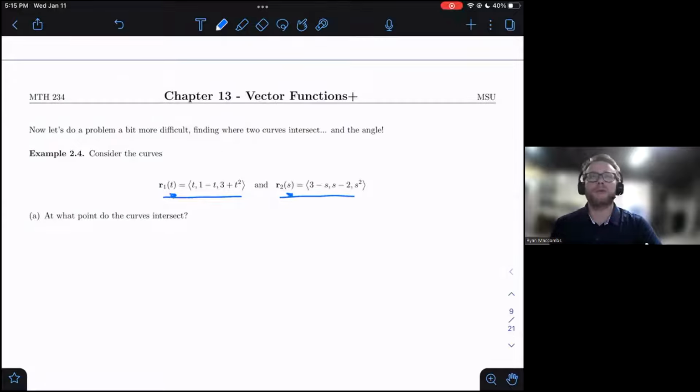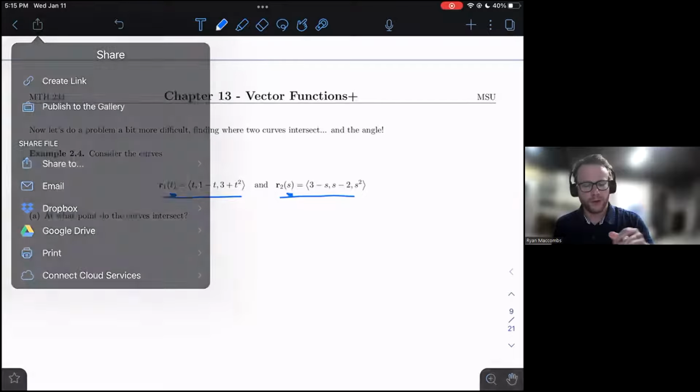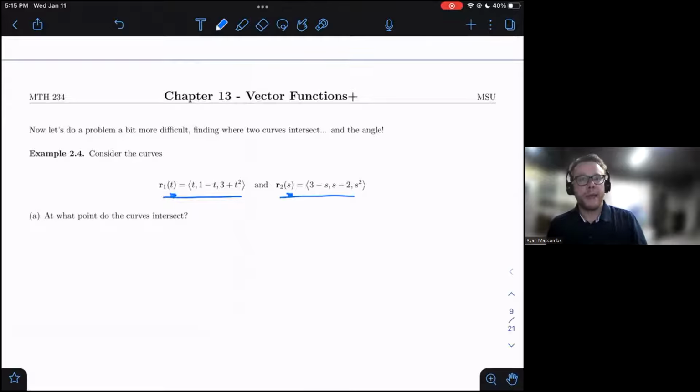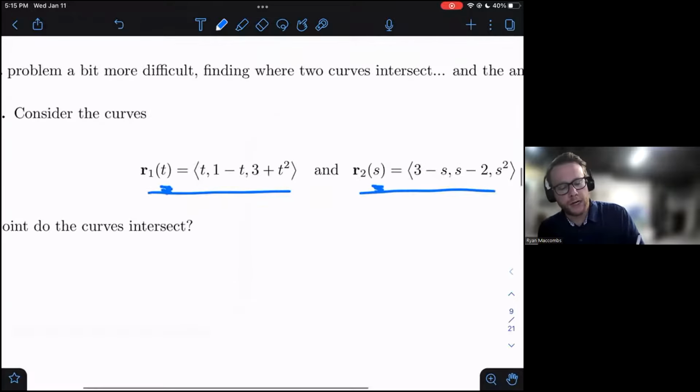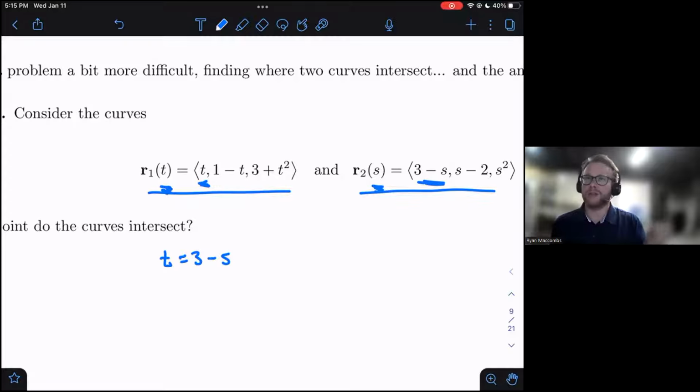And remember, anytime you have stuff intersecting, you would like the x, the y, and the z all to be the same. So mainly, I would like my x coordinate here to be the same as the x coordinate here. So t should be equal to 3 minus s. Then the x coordinates would be equal to one another. I also want my y's to be equal.